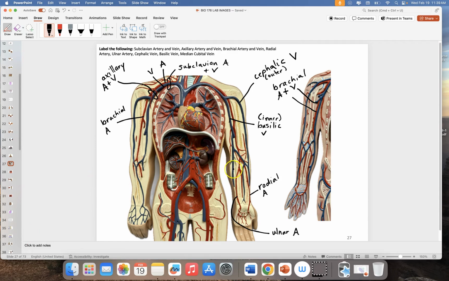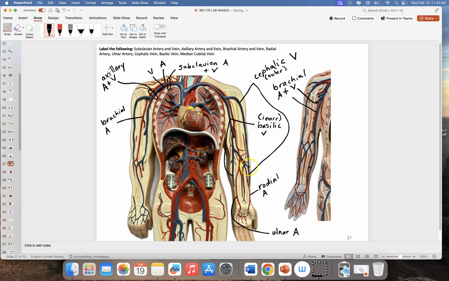It may be helpful then to have the line be here and then also extend it down to here, just so that we know that this entire one is basilic. And we could do the same thing with our cephalic. We could make sure that we know that it's going to go all the way down on the outer portion of the arm.